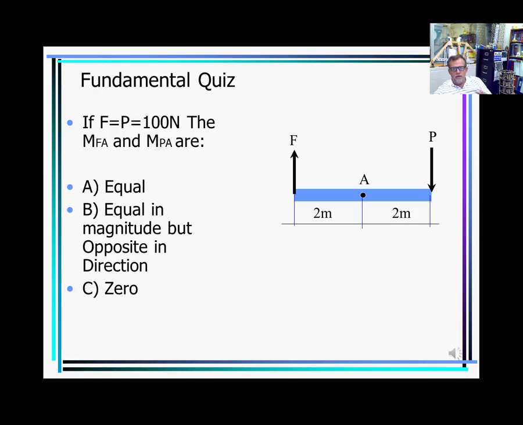And in class I go, who says A, who says B, who says C, and people say, oh, equal in magnitude but opposite in direction. No, because if I say, look, what is the moment of the force? Force times distance. What is the rotation? If we only study this one, rotation goes clockwise. Now, what is the moment of this force with respect to that point? Force times distance. Same force, same distance. What is the rotation? If I push it in this way, it's going to come in this way. What is that? Clockwise. So the answer should be equal.